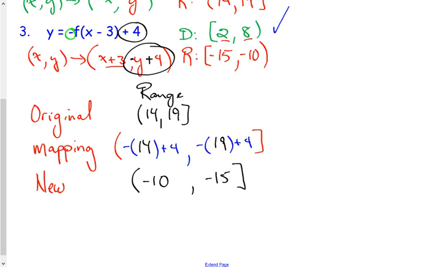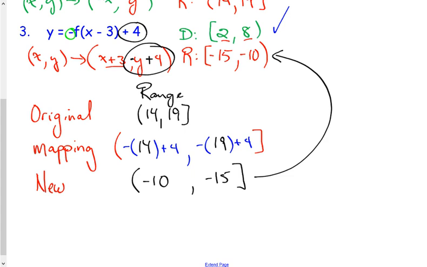But then we look at this and we say, is this in the correct order? Is the left the smallest and the right the largest? It's not, so we do need to flip this thing around so it's in the right order. When we flip it around, we do get the range that we'd written up there from negative 15, including that, up to negative 10, not including the negative 10. So that was correct. Excellent.